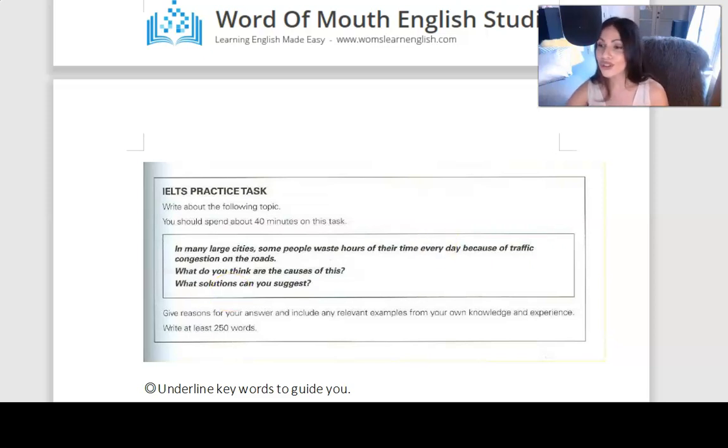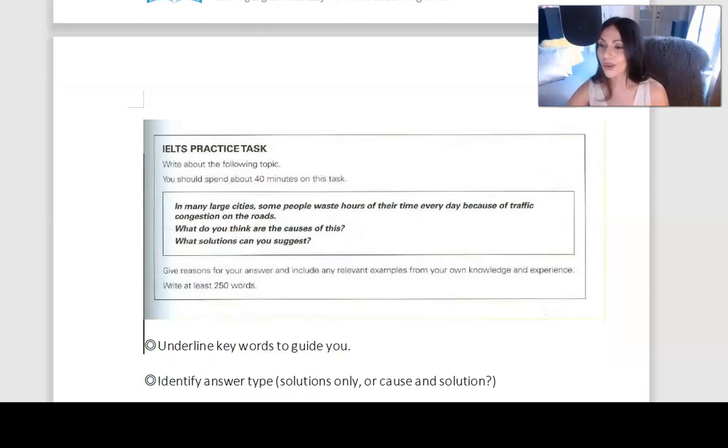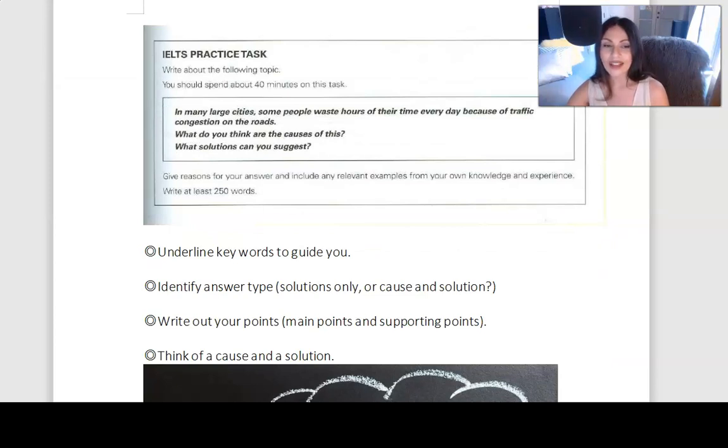Okay, so what do you do once you have read your question? What's the next step? The next step is you underline all the key words to guide you in that essay task. What does that mean? That means you underline words such as large cities, waste hours, traffic congestion, causes, and of course, solutions.